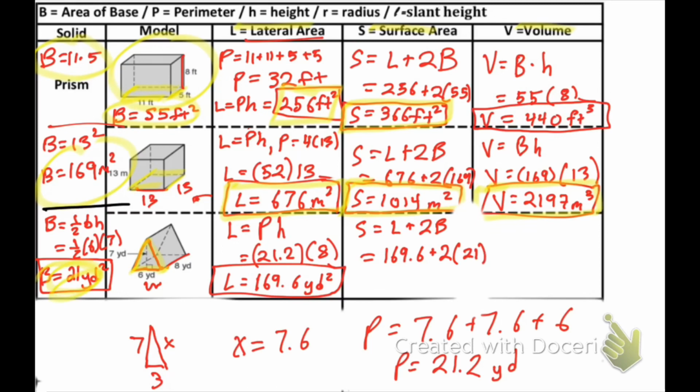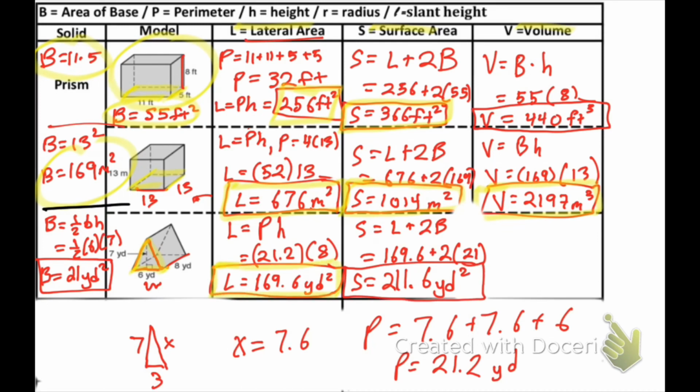Looking back over here. That gives me a surface area of, when I do 2 times 21 plus 169.6, gives me 211.6 yards squared.